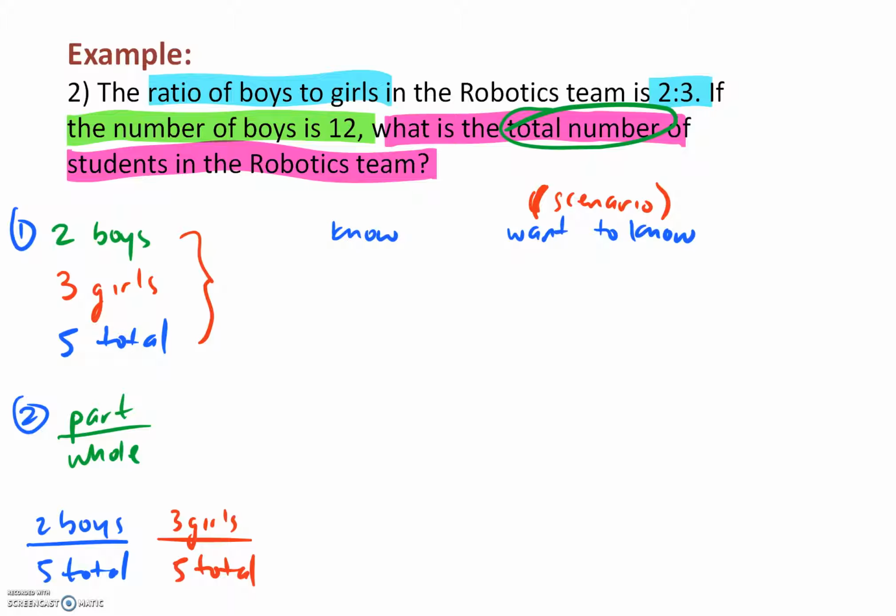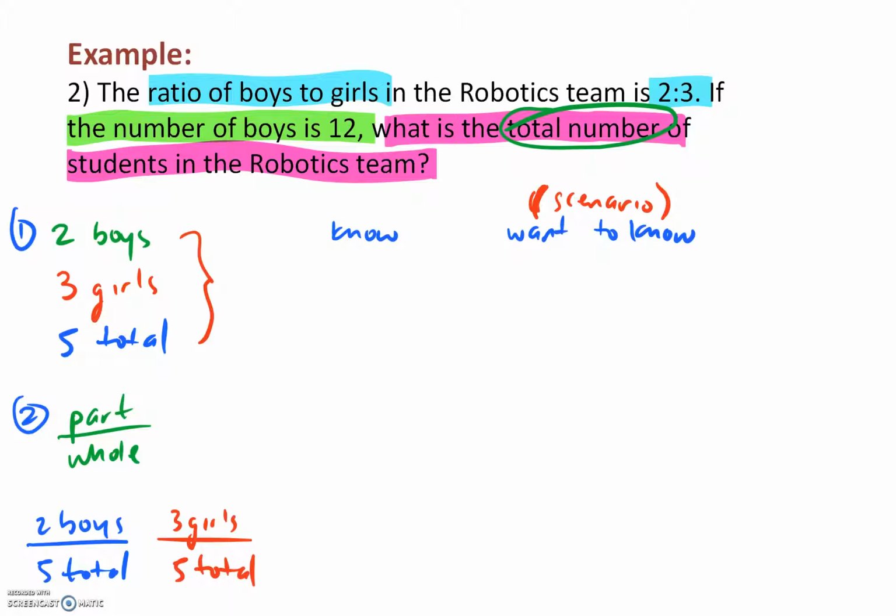Now we have to decide which ratio is going to be the one for the problem that we're actually doing. And to decide that is to look at the scenario that they're giving us in the problem. So let's go back to the problem. The ratio of boys to girls in the robotics team is 2 to 3. If the number of boys is 12, what is the total number of students in the robotics team?